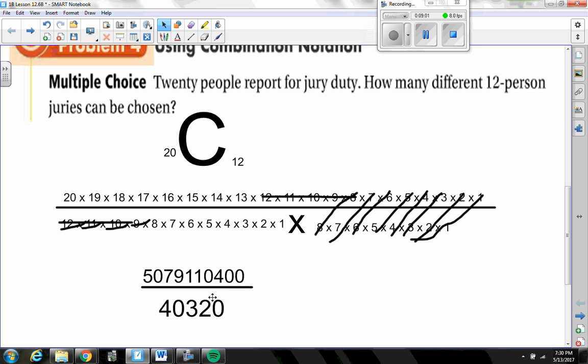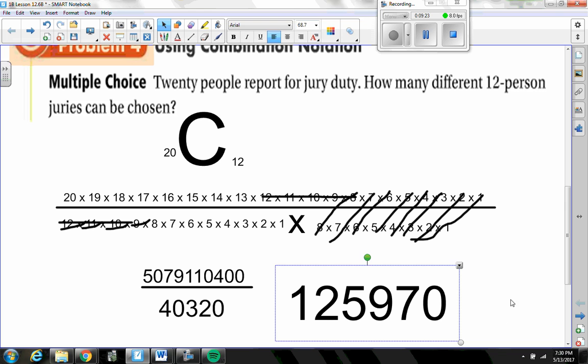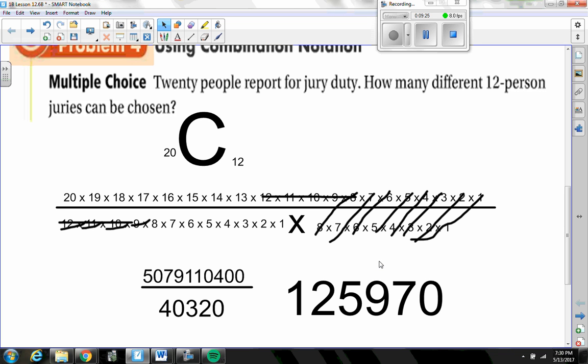5,079,110,400 divided by 40,320, what I end up with is 125,970. 125,970 different 12-person juries that can be chosen.